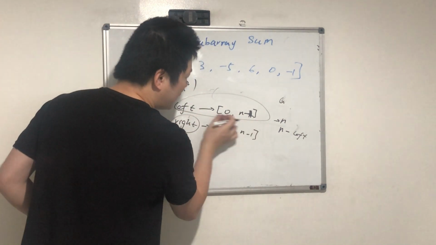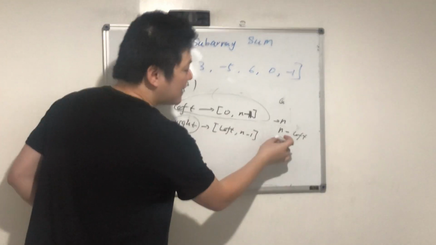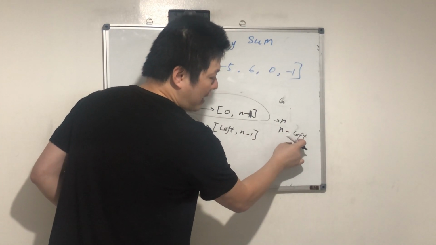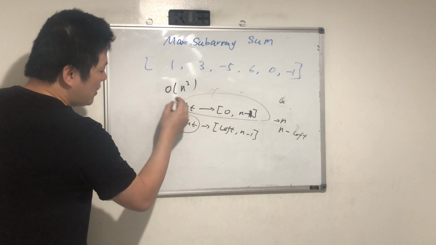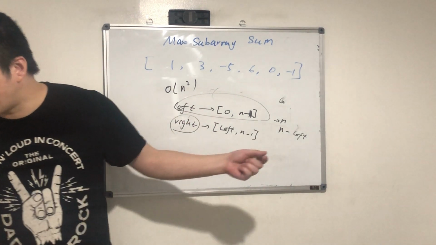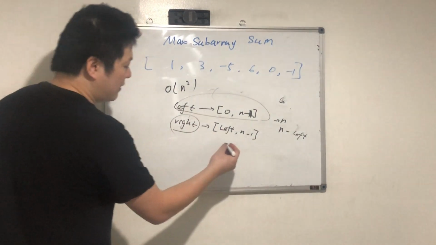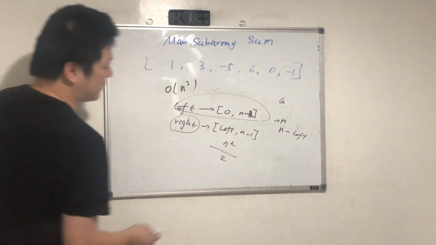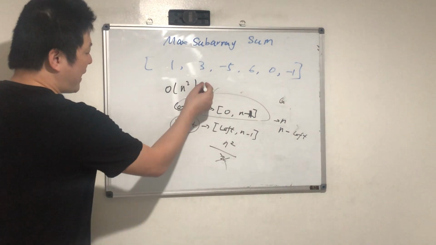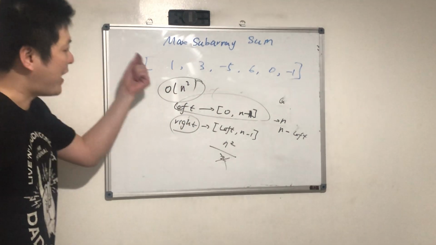When the left is getting bigger, the number of right choices is getting smaller. The number of pairs of sublists is roughly n squared divided by 2, but we drop the constant, so the complexity is O(n) squared to find the sublists.